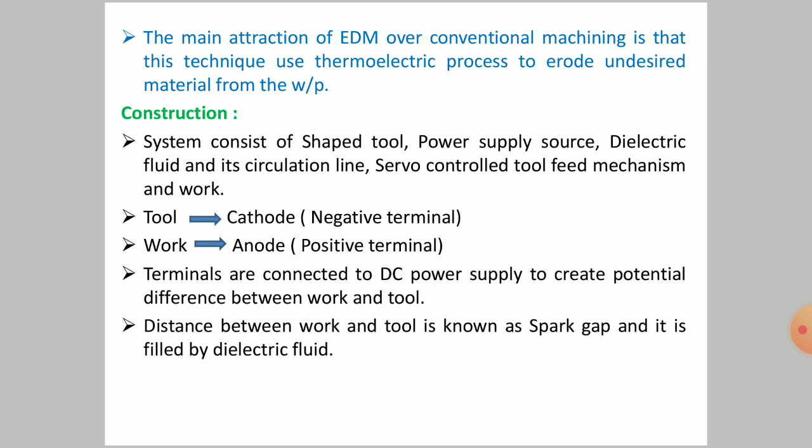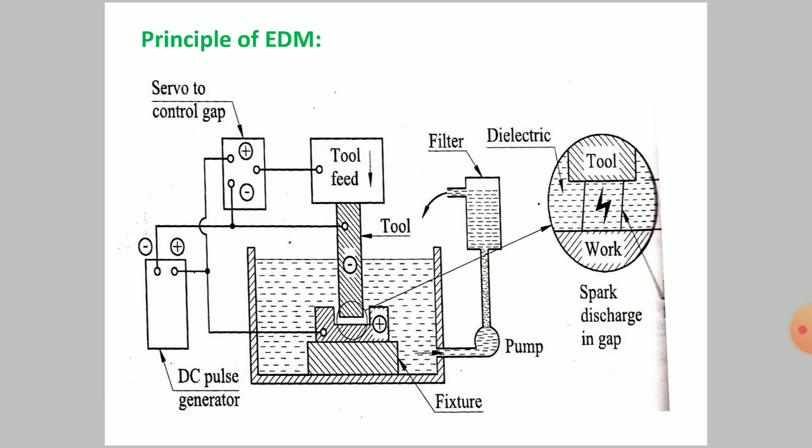The tool is made cathodic, that is negative charge is given, whereas the workpiece is made anodic, wherein the positive charge is given. The terminals are connected to the DC power supply to create a potential difference between the work and the tool. The distance between work and tool is known as the spark gap, and it is filled by dielectric fluid, as you can see in the picture behind.